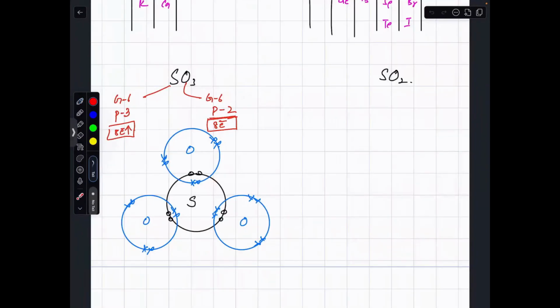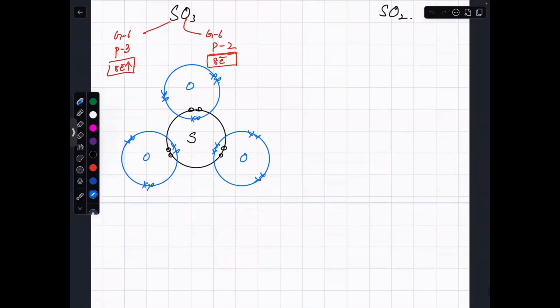So what I did, there is double, there is double, there is double. Now, when I make each of these a double bond to O, is this the situation of AB3? Of course.